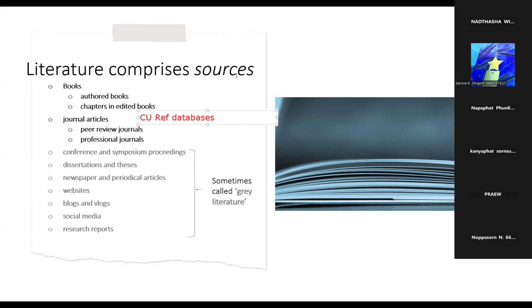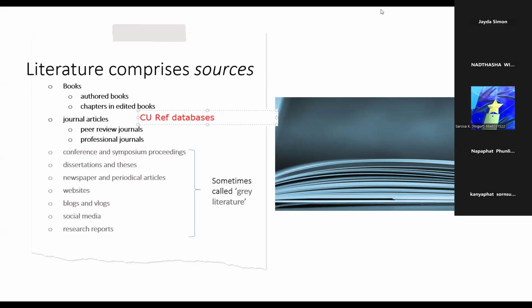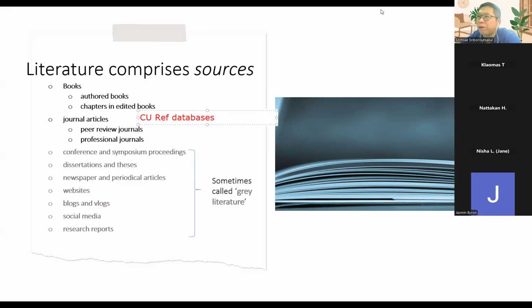That's why we call it peer. Peer means friends. But we don't know who your reviewers are. Peer reviewing can guarantee the quality of research articles that you find in any databases.